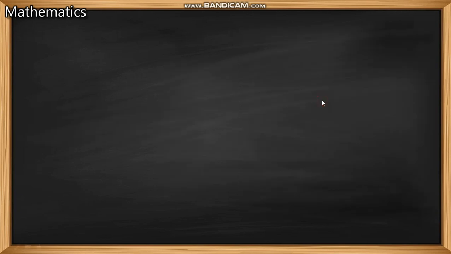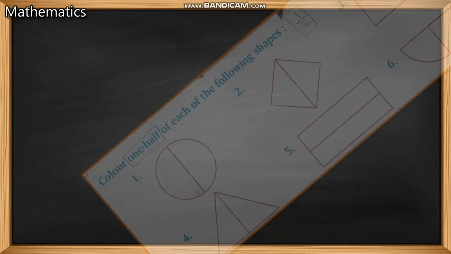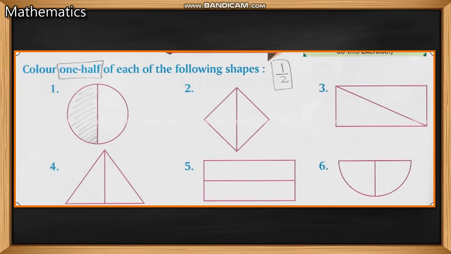Okay, next I am showing some questions from your textbook. This one first. Color 1/2 of each of the following shapes. Read that question. Here 1/2. How can we write 1/2?